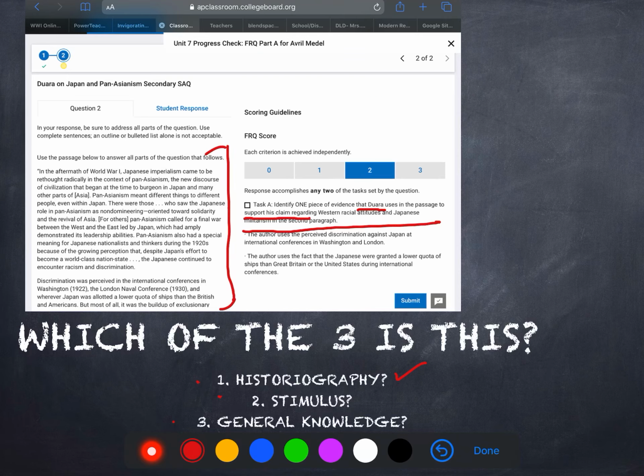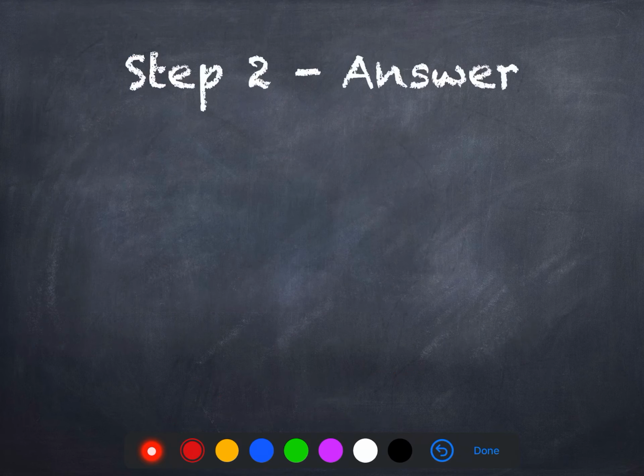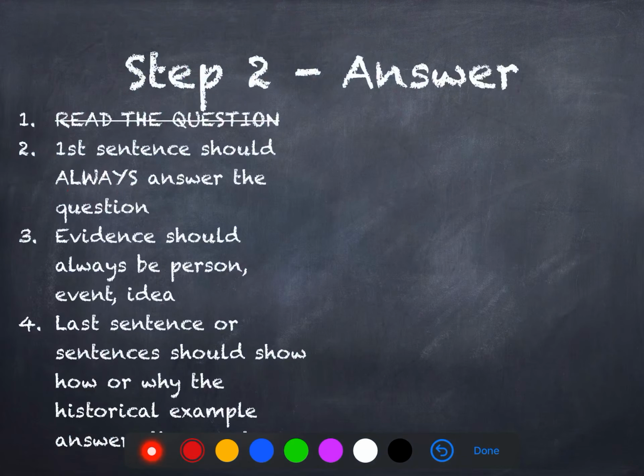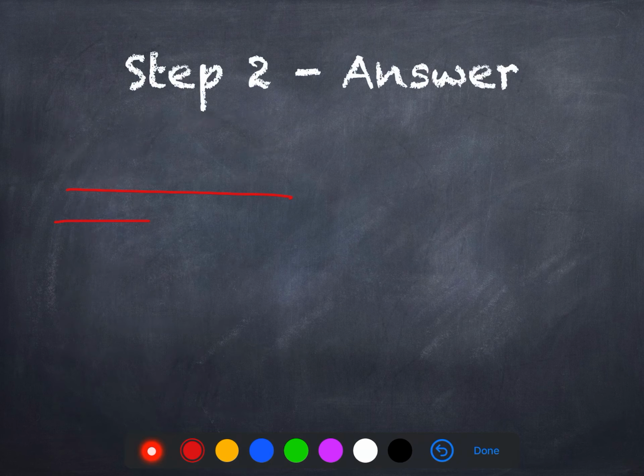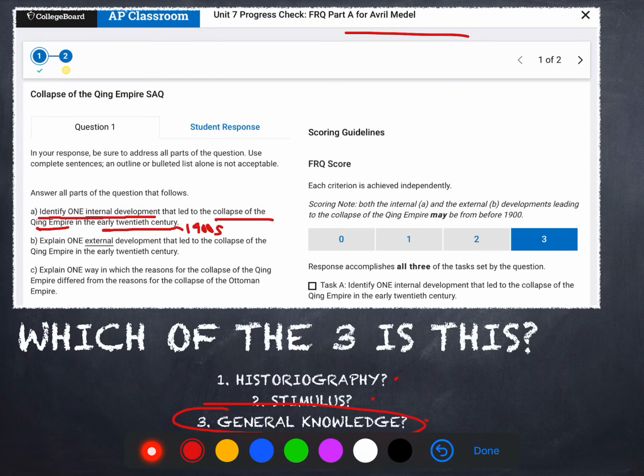Now let's dig a little bit deeper into how we answer it. When we're answering a question, the first sentence should always just answer the question. And sometimes the questions are only asking you to do one thing. Let's go back to this one on the Qing Empire. It says, identify one internal development that led to the collapse of the Qing Empire in the 20th century.